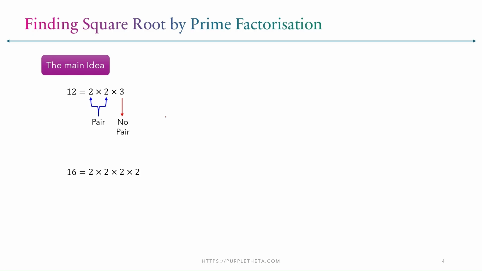Here the prime factor 2 appears 4 times, right? We can group them into two pairs. So here the first 2 multiplied by 2 forms the first pair, and the last 2 multiplied by 2 forms another pair, right? Now compare these two numbers. In 12, one prime factor is left without any pair, right? But in 16, every prime factor has a pair, right?